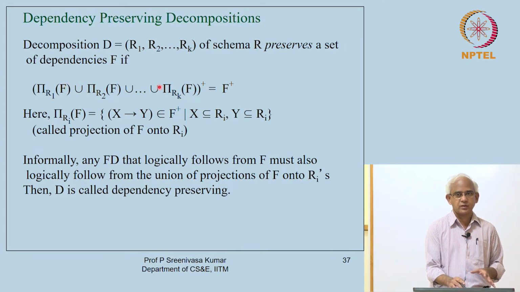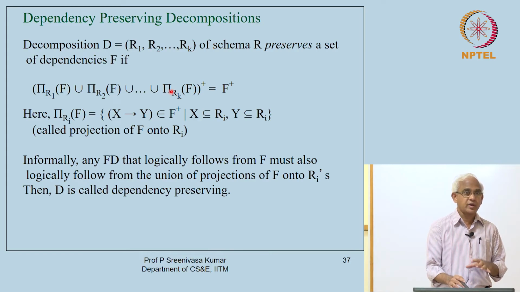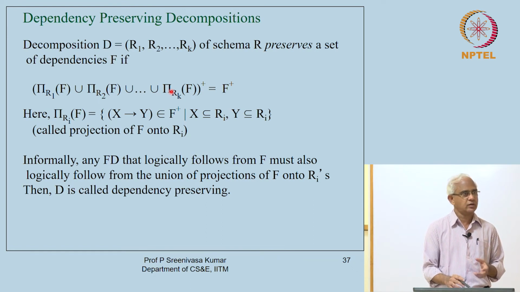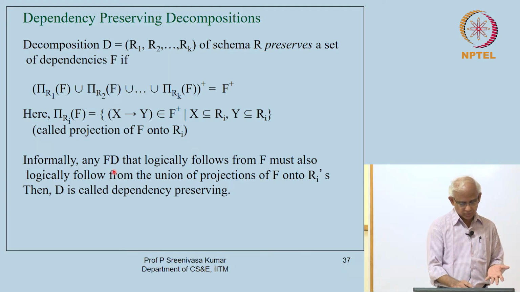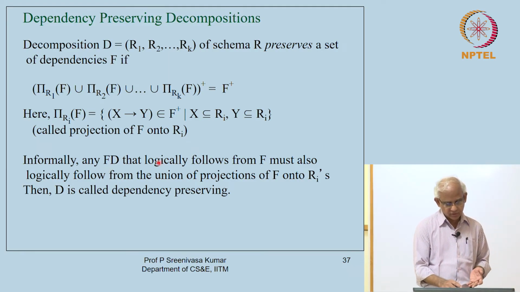If that is the case, then we call this decomposition a dependency preserving decomposition. So, I have written it here that any FD that logically follows from F must also logically follow from the union of the projections of F onto each of these Ri's.